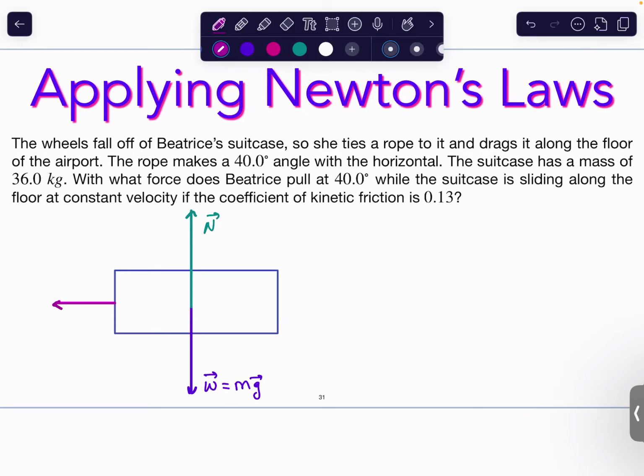Okay, so now I also know the suitcase is moving, so it's going to have a kinetic friction force. I'm going to put in X in my components because of the rope.